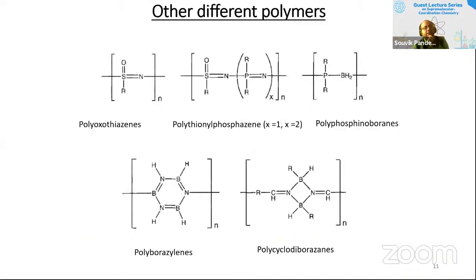Except for these, which are the very well-known polymers to us, we have several other kinds of polymers: polyoxothiazines, thionyl phosphazines, polyphosphinoboranes, polyborazylenes, polycyclodiborazanes.